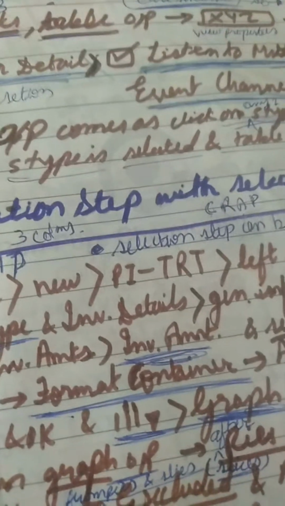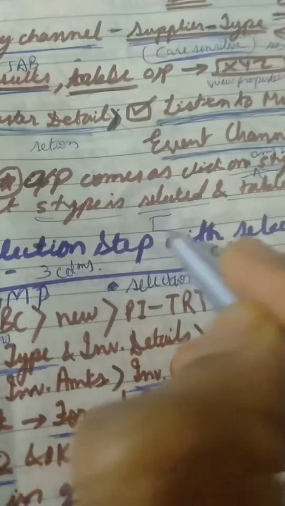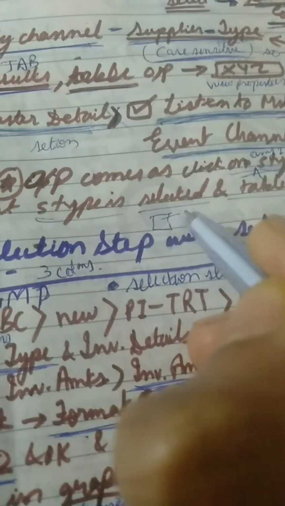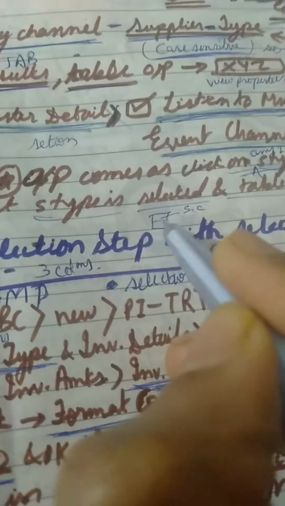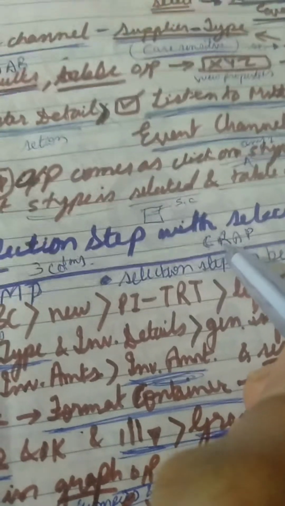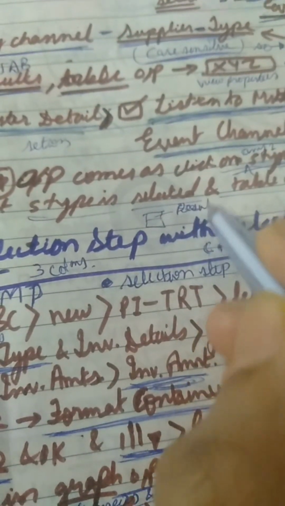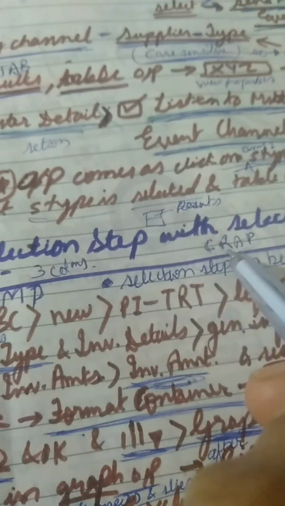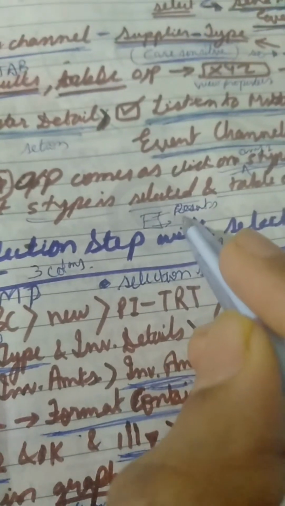So today we'll talk about the results tab. If this is my criteria tab, the top most portion will have my selected columns area. Here we have results on the top, and on the bottom we have something called selection steps.